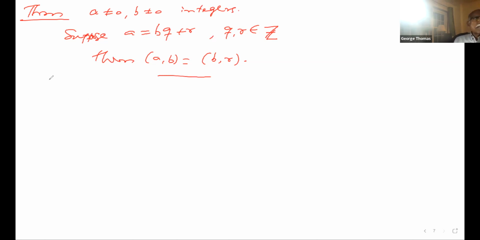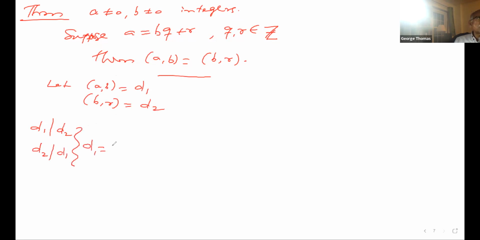So let D1 equal the gcd of A and B, and D2 equal the gcd of B and R. I'm going to show that D1 divides D2. Then I'm going to show that D2 divides D1. That will show that D1 equals D2, and therefore gcd(A, B) equals gcd(B, R), isn't it? If I can show that these guys divide each other, then they are equal, right?